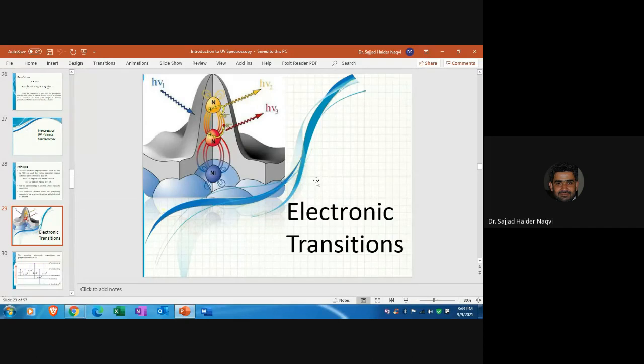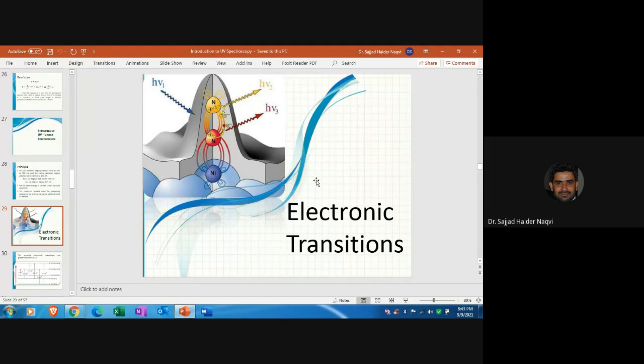But the important thing is that when electrons are provided with the energy and they jump from a lower energy to a higher energy level, they are in their excited state. And in the excited state, electrons are unstable and they cannot remain there for a longer time.